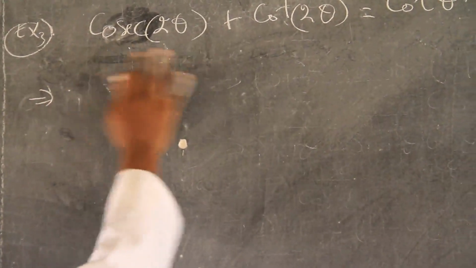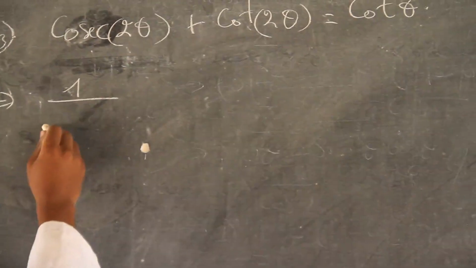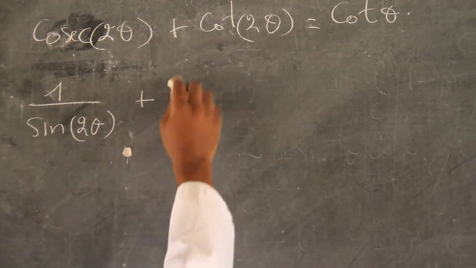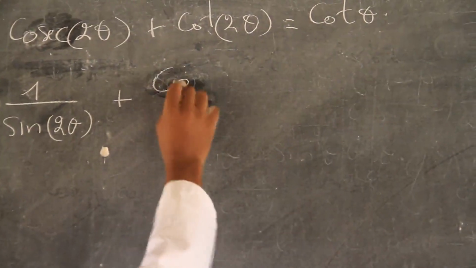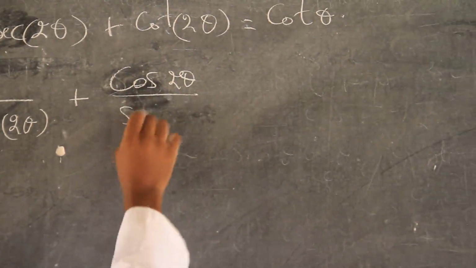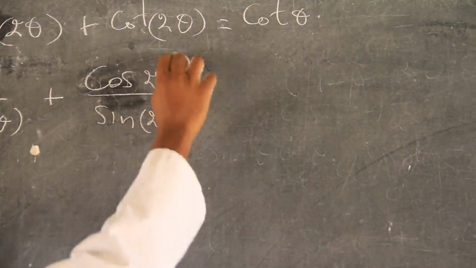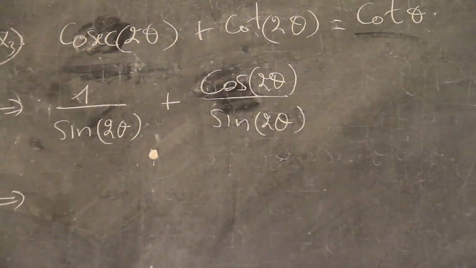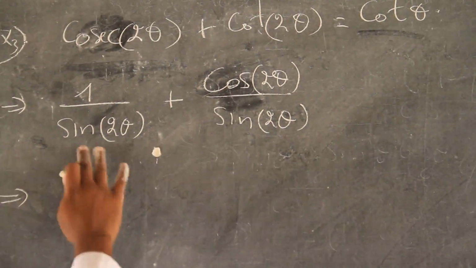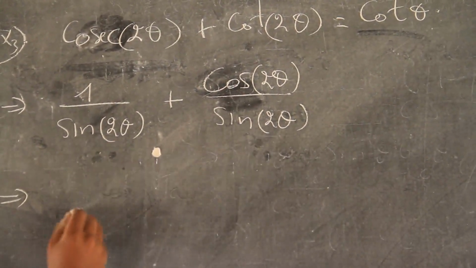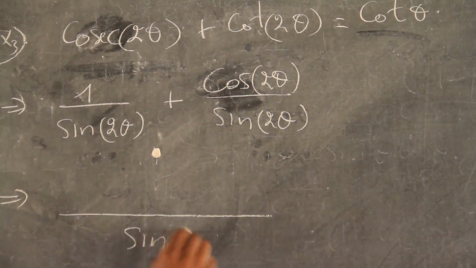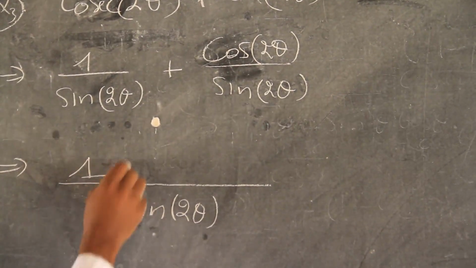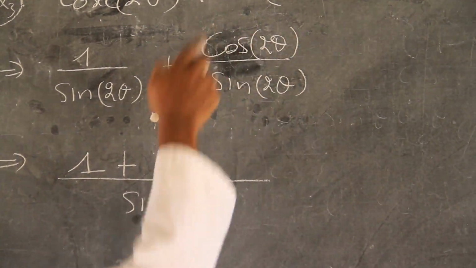Cosec is 1 over sine. Cotan is cosine over sine. I'm going to see whether I can reach here. So denominators are the same. It will be sine 2 angle. This over this is 1 times 1 is 1, plus 1 times this.